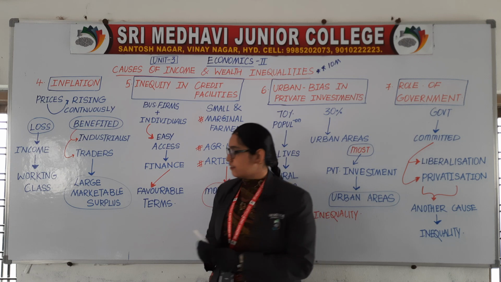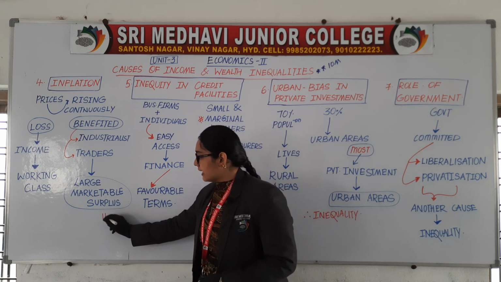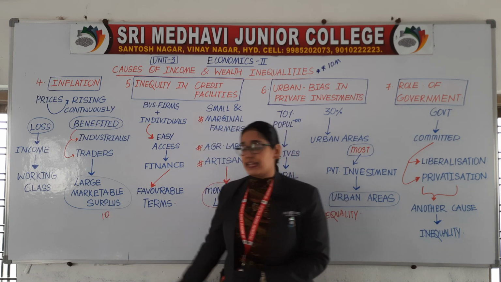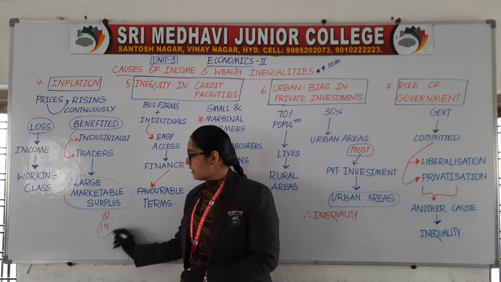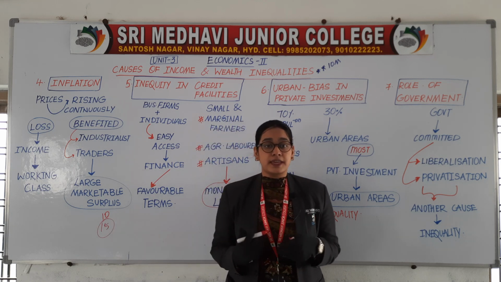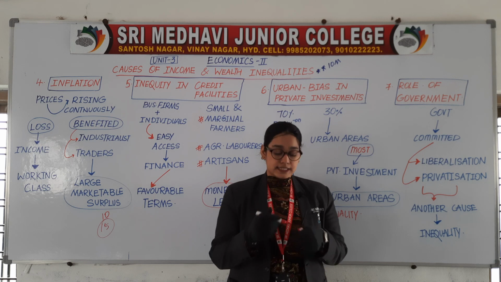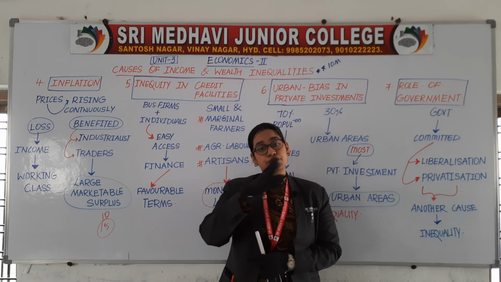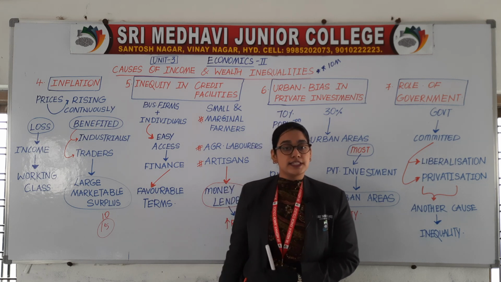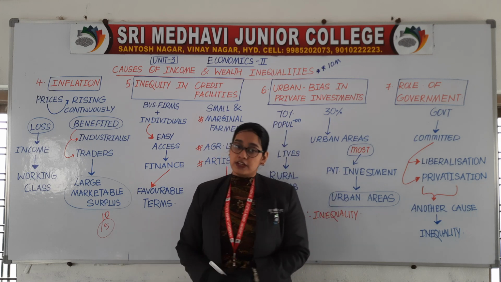So obviously, when a commodity of 10 rupees is sold at 15 rupees, 5 rupees is profit for me, just from one customer. Imagine that 50,000 customers have purchased my commodity at 15 rupees.